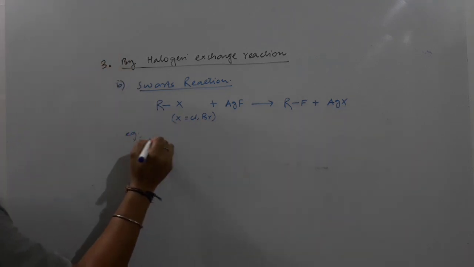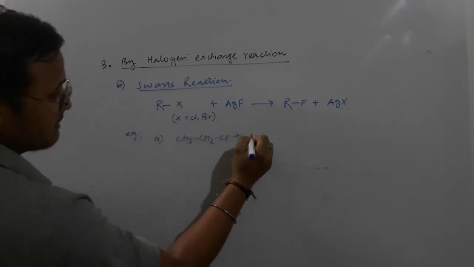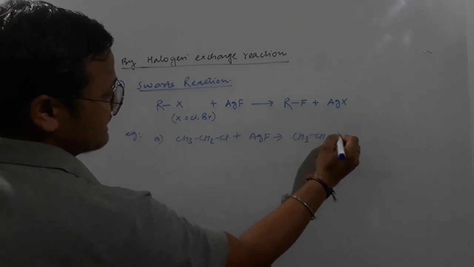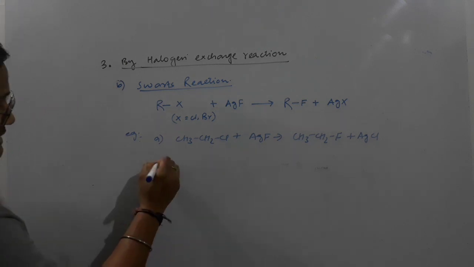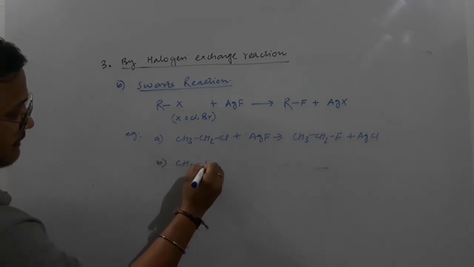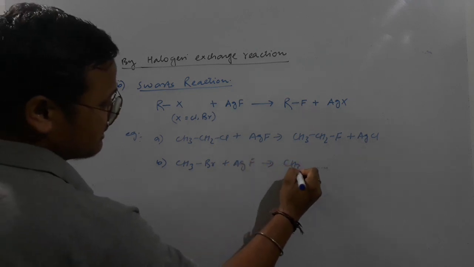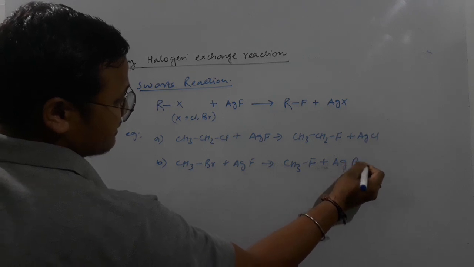So let's have an example here also. Consider CH3CH2Cl plus AgF. So I will have CH3CH2F plus AgCl. That's it. Similarly, if I am having a bromide reacting with silver fluoride, then I will have the alkyl fluoride plus AgBr.